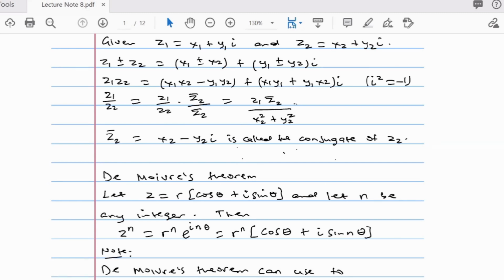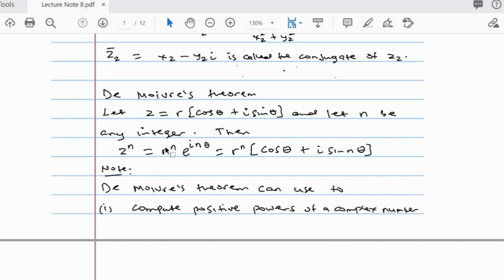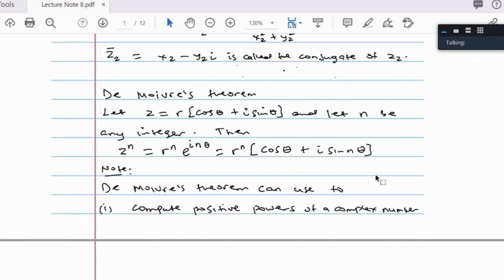In your Math 141, I gave you De Moivre's theorem. If we write your complex number z in the polar form, then you can raise that z to the power of any positive integer.